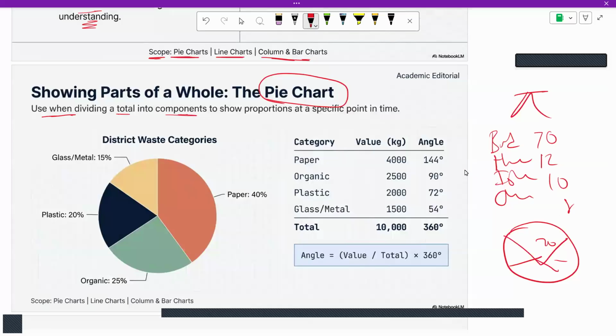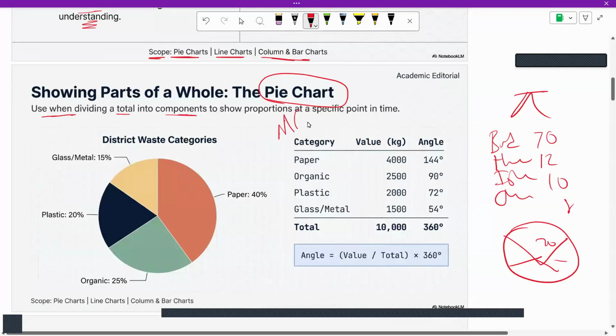Here, one example is given. A municipal council has collected data on garbage disposal for a particular month. They categorized the garbage into four categories.